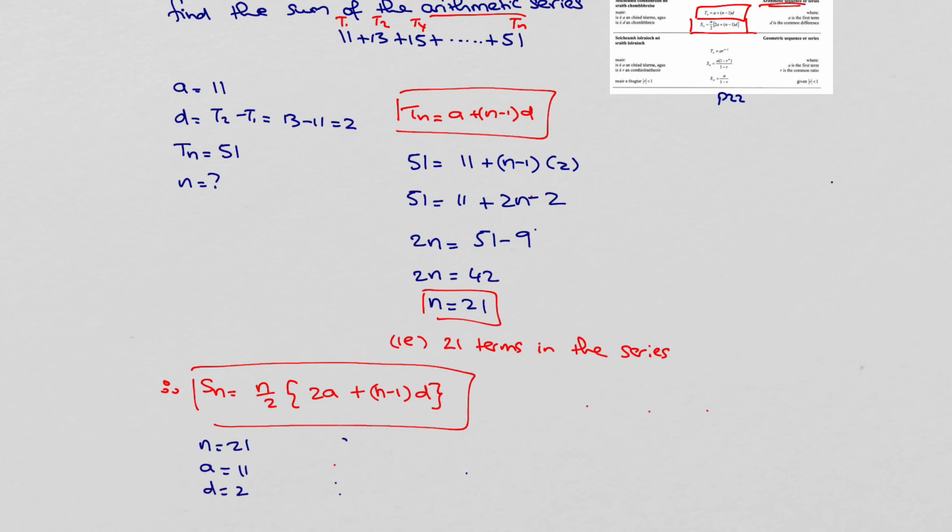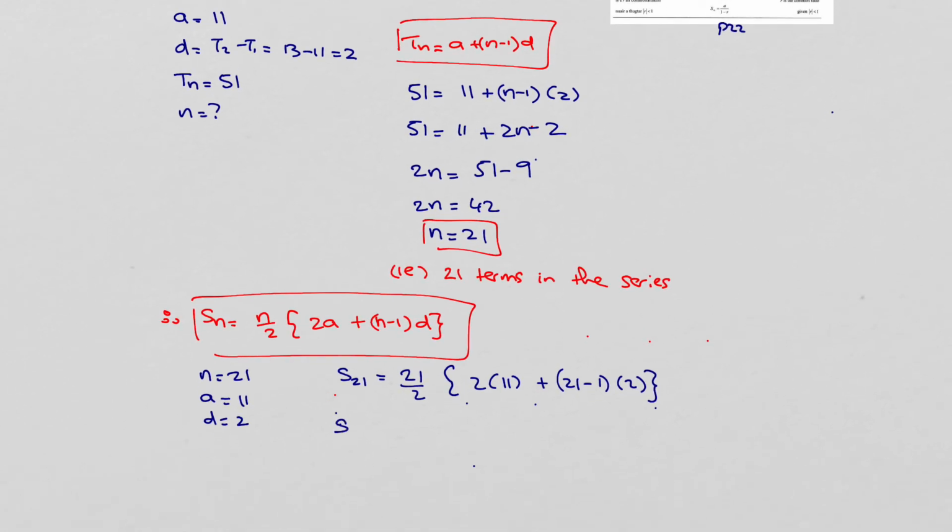So it's just a matter of subbing in to the equation. So we have 21 over 2 times 2 times a plus n minus 1 times d. So we have 21 over 2 times 22 plus 20 times 2, which is 40.